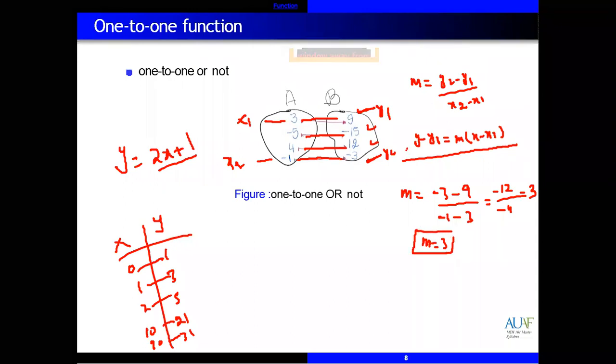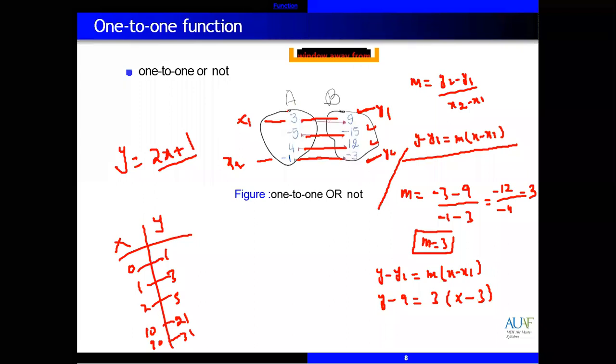Now use the second equation, y minus y1 equal to m times (x minus x1). So we have y minus y1, and y1 is actually 9. The slope is 3. You know that x1 is 3 from the first point. So we have y minus 9 equal to 3 times (x minus 3).